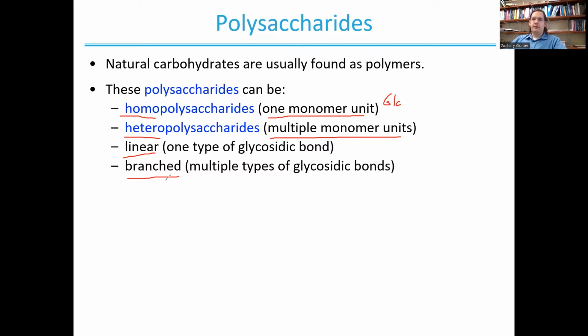With our sugars, since they can react between our anomeric carbon and any hydroxyl group on our sugar, we can create a wide variety of different kinds of glycosidic bonds. And we can potentially have a polymer made with multiple different types of glycosidic bonds to allow for different branches within our structure. So this already creates some additional complexity compared to our proteins, where in proteins you only have one possible bonding site. Here we have multiple bonding sites.